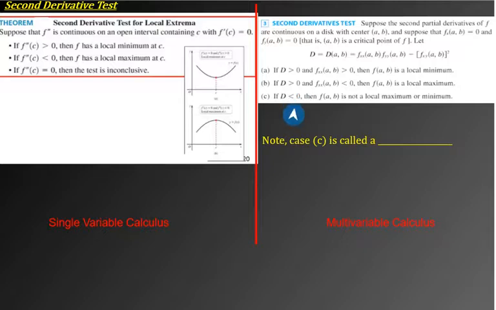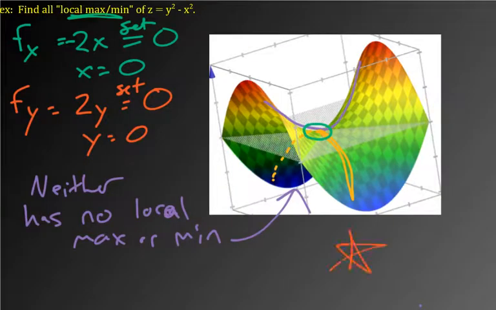If this thing is less than 0, though, then there's neither, and that neither case actually gets the name saddle point, and it gets saddle point because of this classic example. So that thing looks like a saddle, and that's where you can get these weird spots that are neither maximums or minimums.